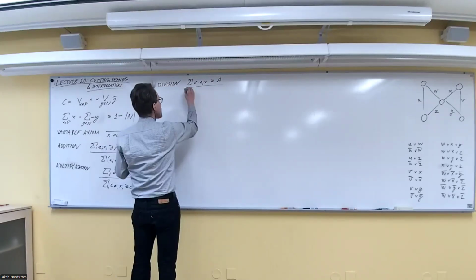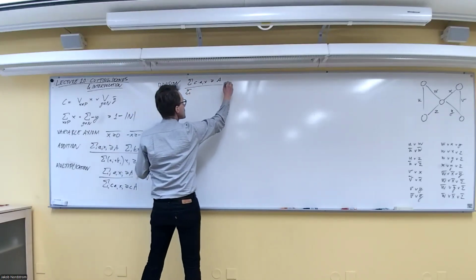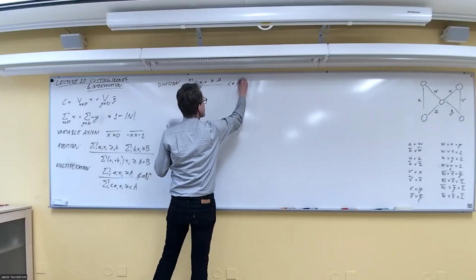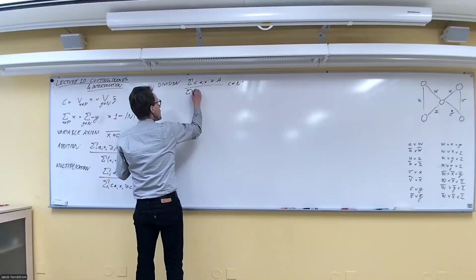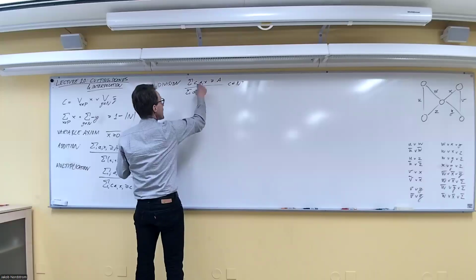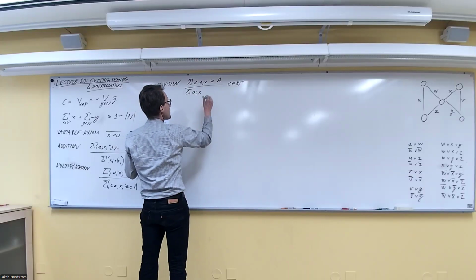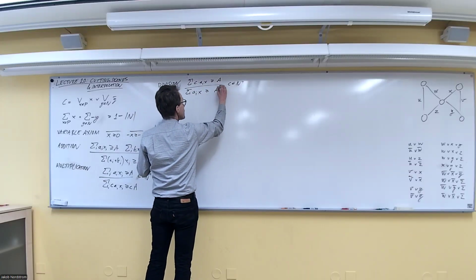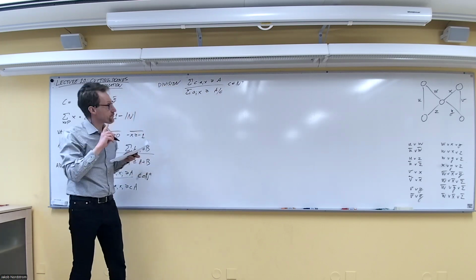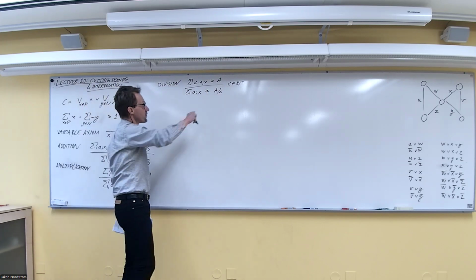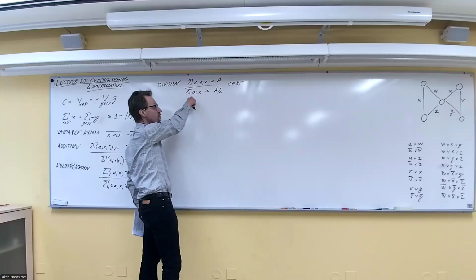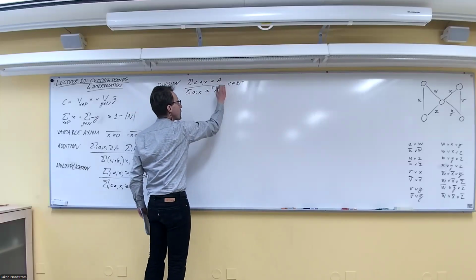Then clearly I can divide through by c. So I divide by c and get the sum of a_i over c times x_i greater or equal a divided by c. And now the point is that this need not be an integer, but I know that this one is, so therefore it's safe to run.